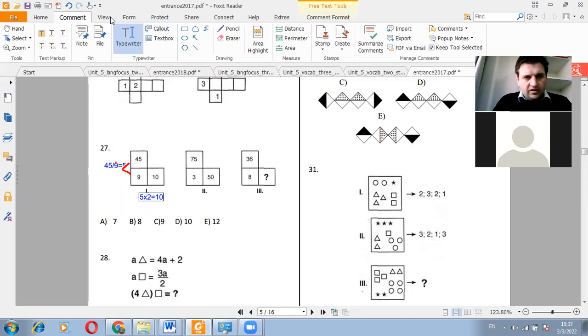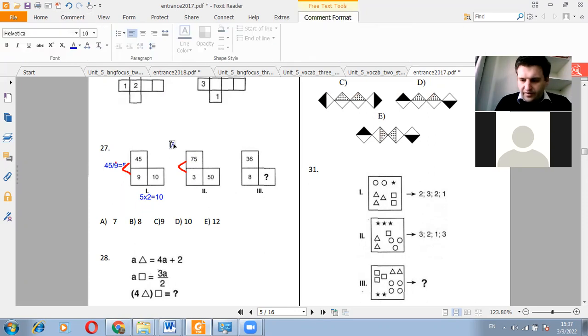Let's do the second one. So 75 divided by 3 would be 25. And 25 times 2 equals 50. Here the same: 36 divided by 8.